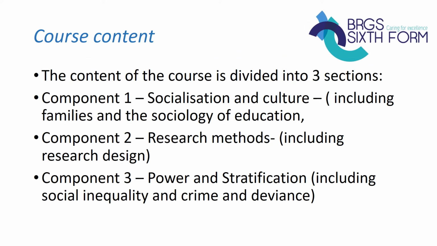The course content is run over 2 years, and there are 3 components, which means there are 3 exam papers. So there are 3 forms of assessment. The first component is on socialisation and culture. There we look at how people learn their culture from the society in which they live. And one of the ways they learn the culture is through looking at the sociology of family and also the sociology of education.